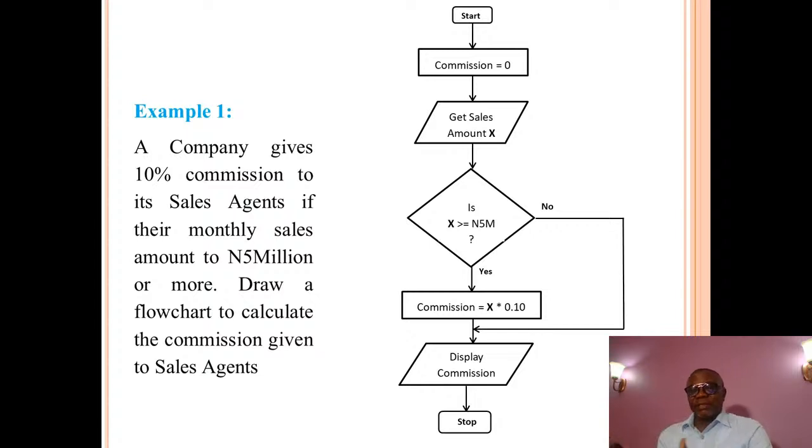You display it in maybe your graphical user interface. And because there is no commission given, the initial commission equals 0 that you stated at the beginning of the program will be displayed, and the program ends.